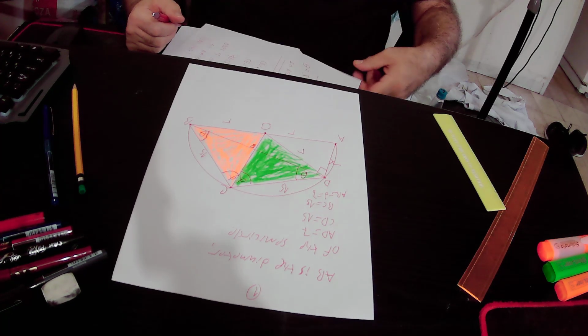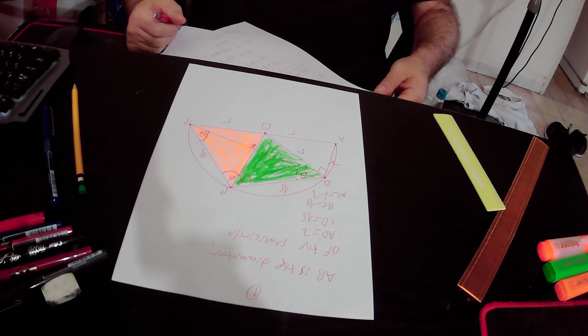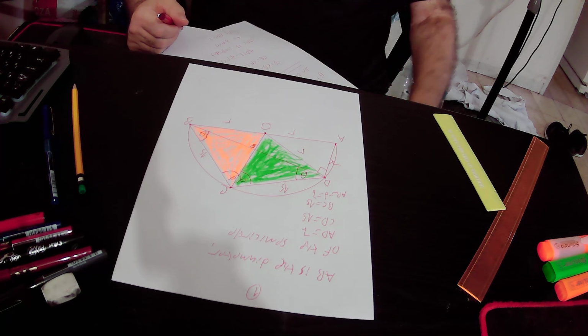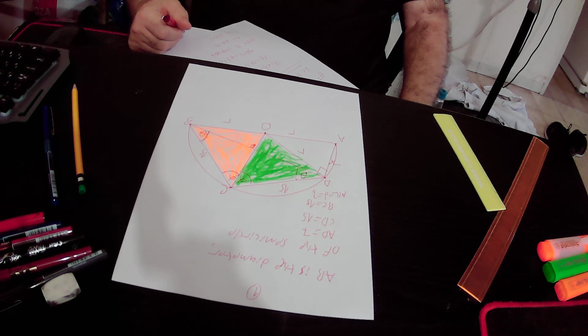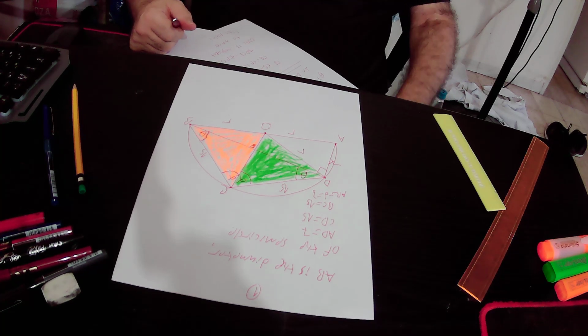If you prove that two sides and the included angle of one triangle are equal to two sides and the included angle of the other triangle, then you actually proved that those two triangles are congruent to each other. Okay?